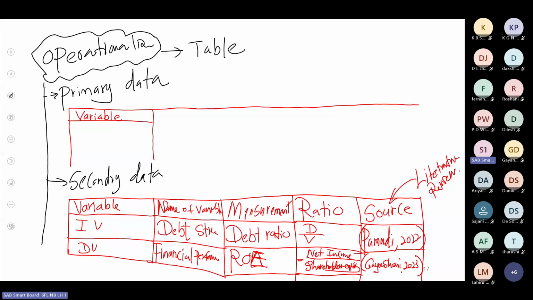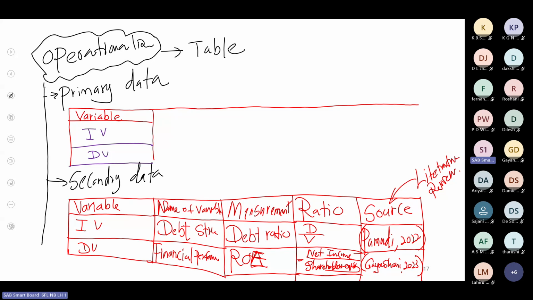Okay. So this is the way if the researcher is collecting secondary data to do this research. But the other way around, this can be done with primary data also. If it is so, there might be different indications, but the variable type is the same. IV, DV.